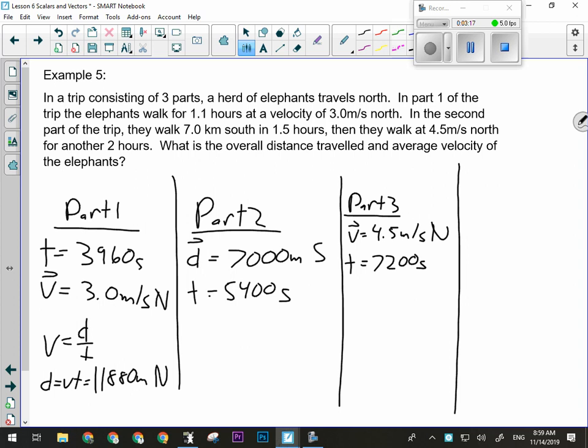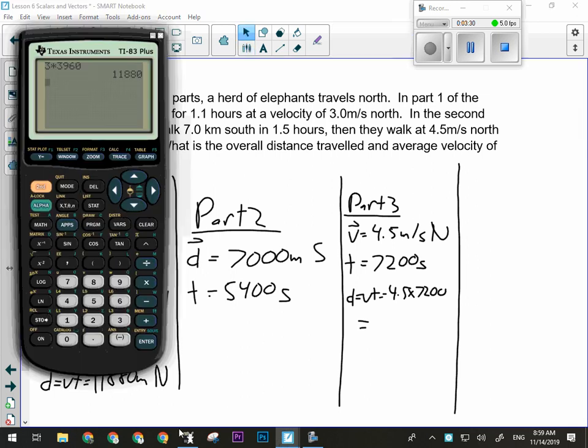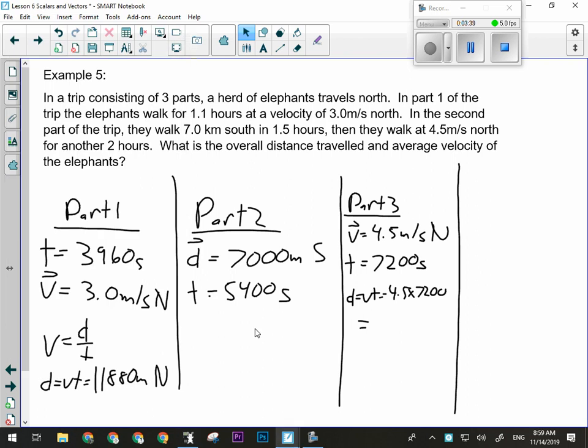I don't have to do anything in part 2 because they already give me distance and time. Then I perform the same calculation here to get how far they travel: 4.5 times 7,200, so 32,400 meters north.